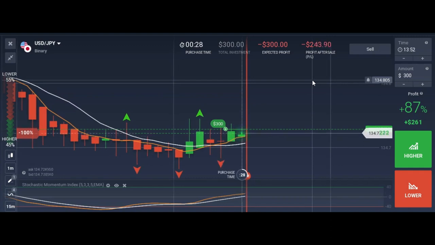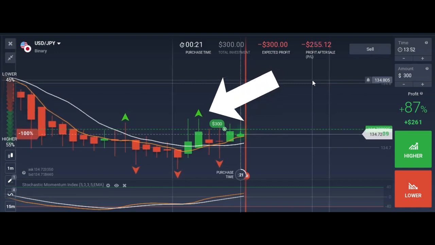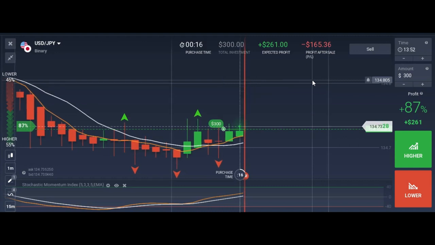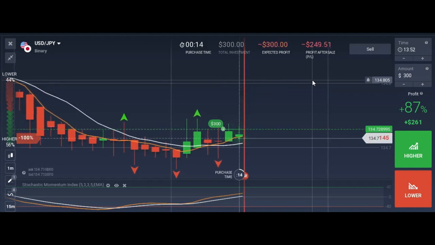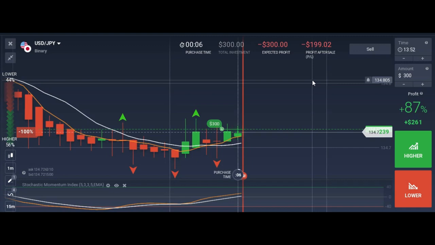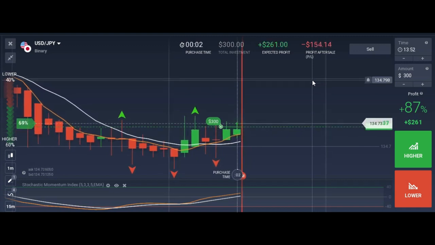The graph is not as clear as the previous one. It doesn't matter that this green fractal has appeared since all the confirmations for a buy were given. The market isn't very nice today. I was doing my trading session today and it was very volatile.